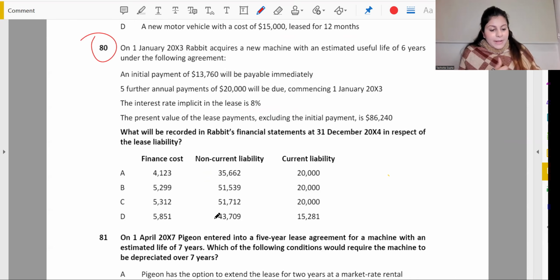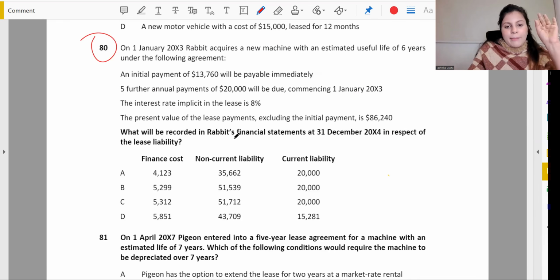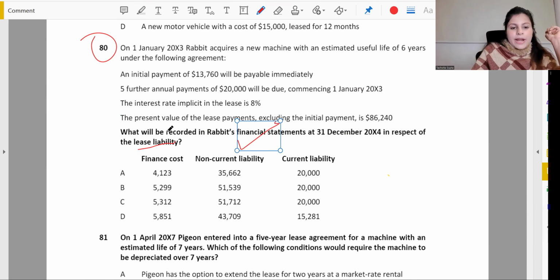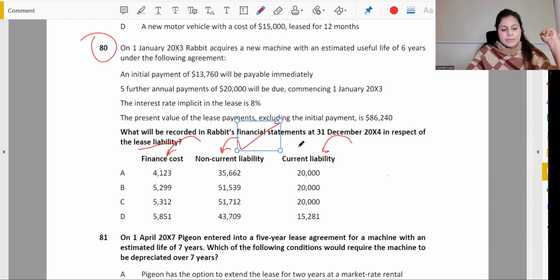Question number 80, everyone. What will be recorded in Rabbit's financial statement in respect of the lease liability? Once again, they've asked you what finance cost will be there, what would be the non-current liability, and what would be the current liability.